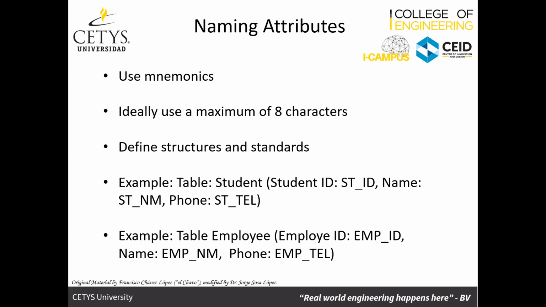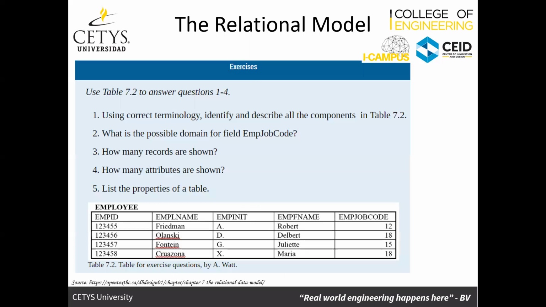So if I've got my table, this table here, is it clear that this table has to do with employees? Why? Because in the attributes for the field, we've got emp. Emp is a mnemonic. If we see the word emp, we think automatically employee.